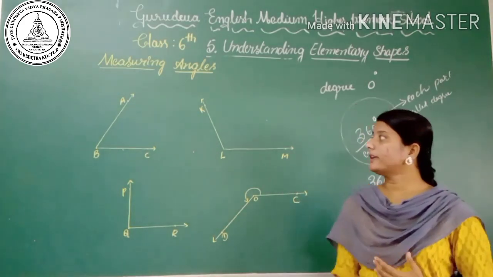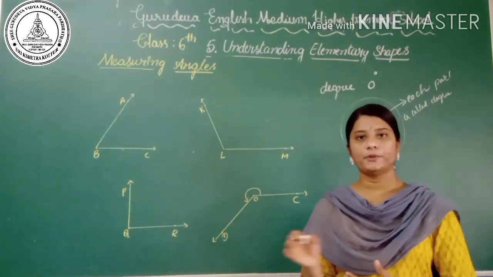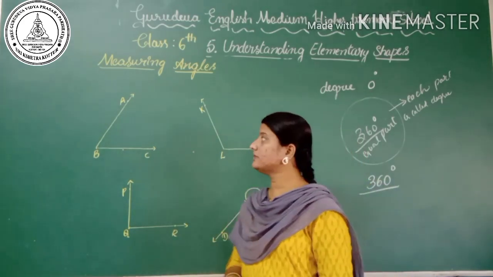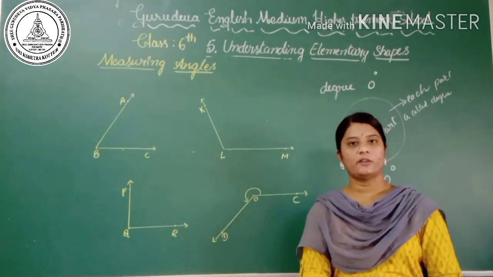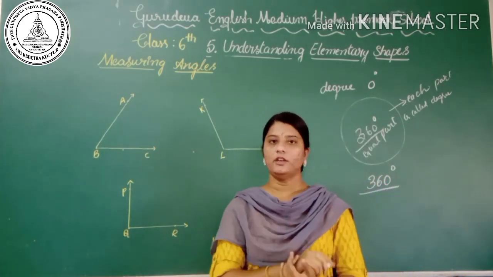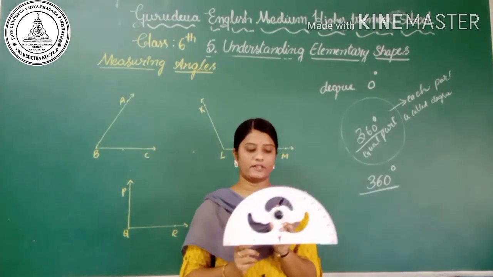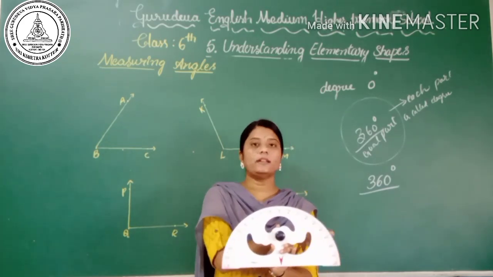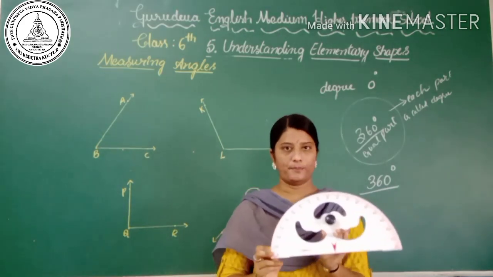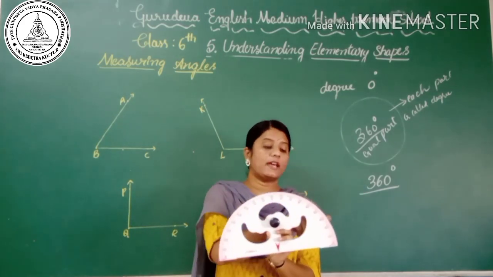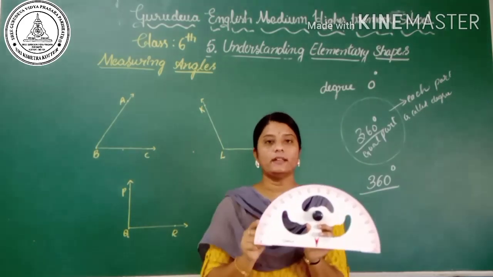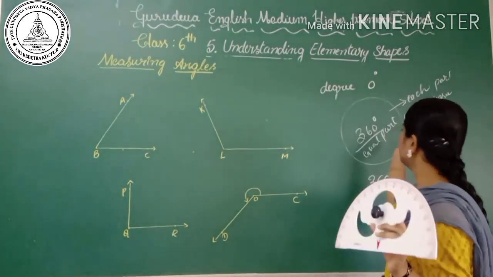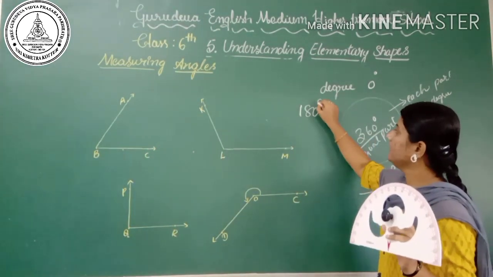And also you can make the protractor by using paper. Here I will use the ready-made protractor available in our geometry box. So it is our ready-made protractor. The curved edge is divided into 180 equal parts, that is 180 degrees.